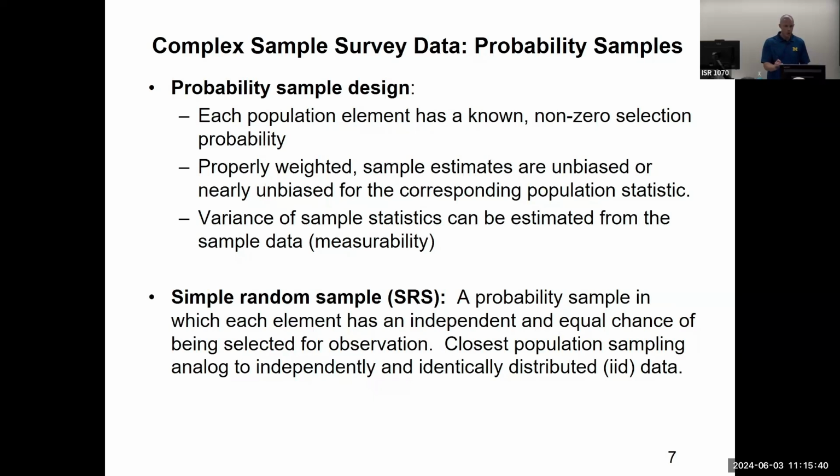Okay, we can write down that probability of selection for every element in the population. We control those probabilities of selection. Okay, they're under our full control as the person designing the sample. All right. So that is a key defining feature. We can compute the probability of a given element being included in the sample based on the design of that sample. It's entirely under our control as the person designing the sample.